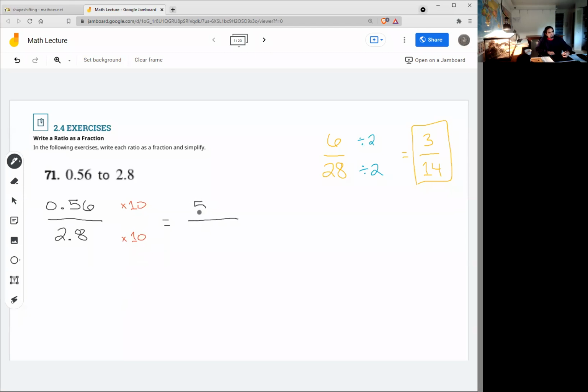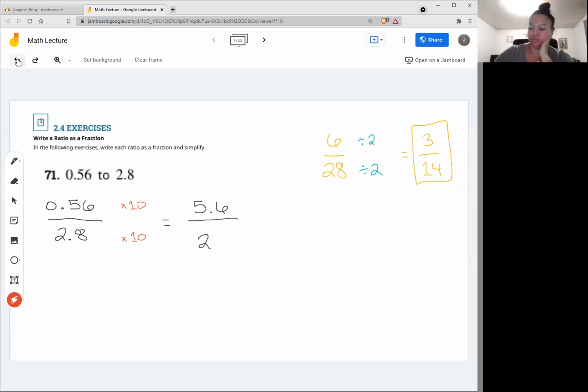But that doesn't get rid of my decimal point all the way. That scoots one scoot, which is nice for the denominator, but the numerator still has a decimal point in it. So if you play around with it, you'll discover very quickly the pattern that whatever needs the most scoots, that's the one you have to do.